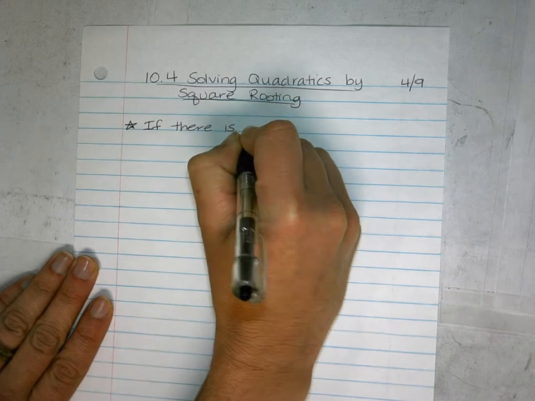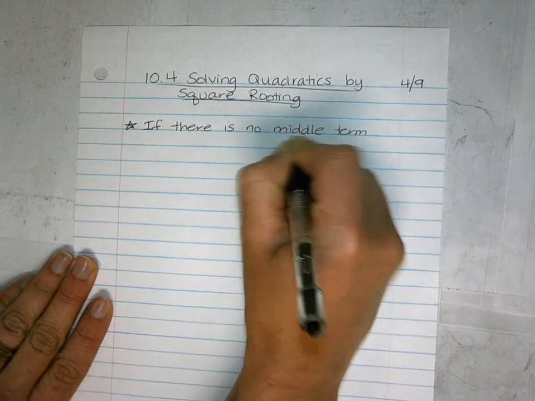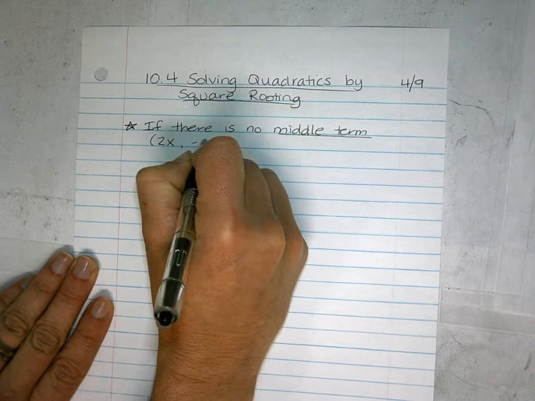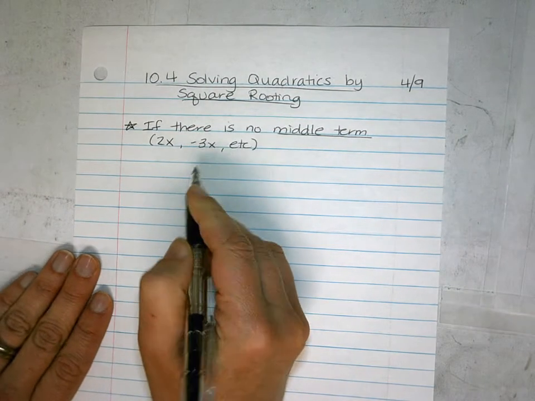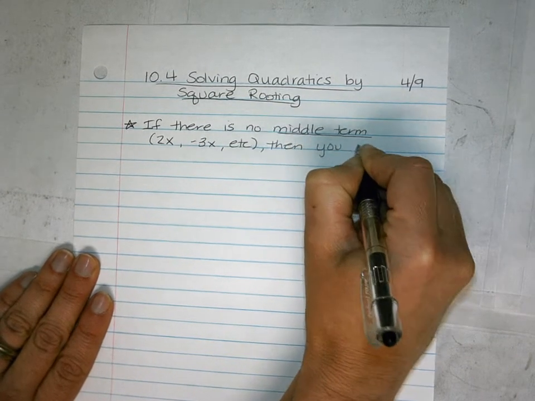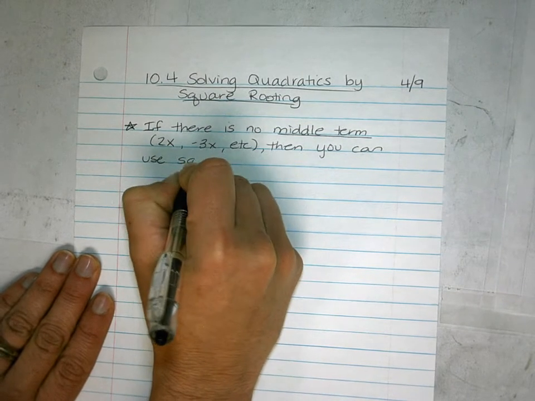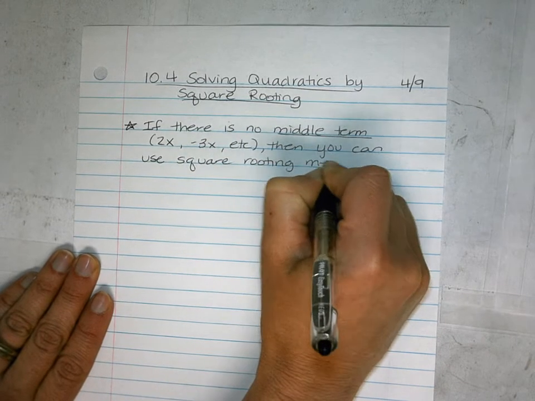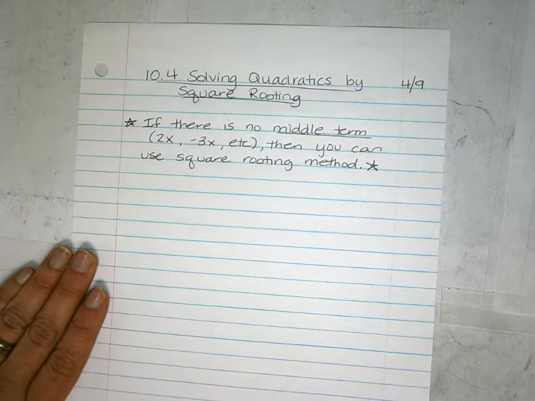What I mean by middle term would be x to the first power, so a 2x, a negative 3x, etc. So if there's no middle term, then you can use the square rooting method.